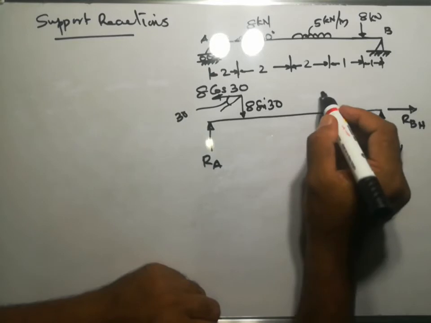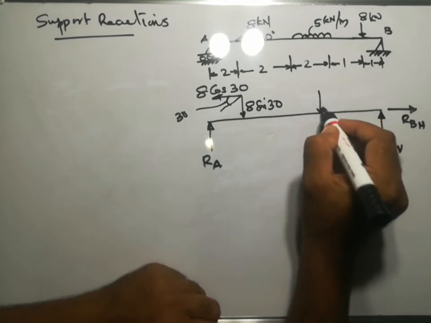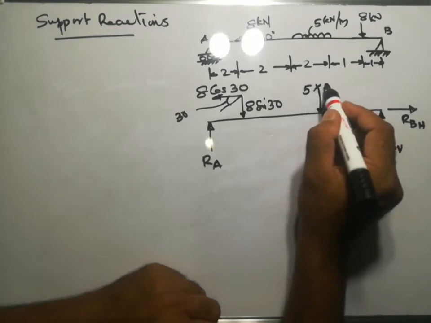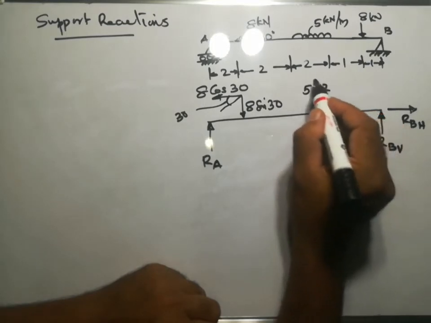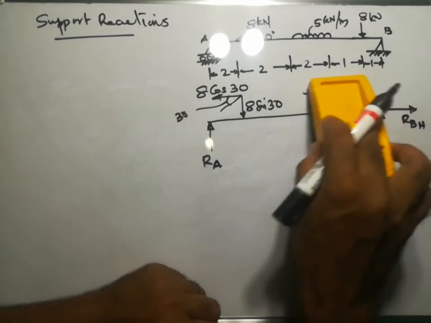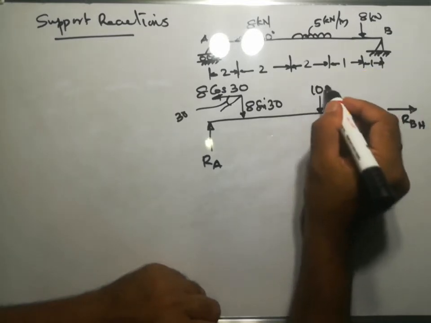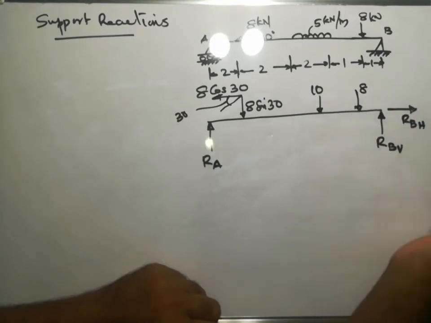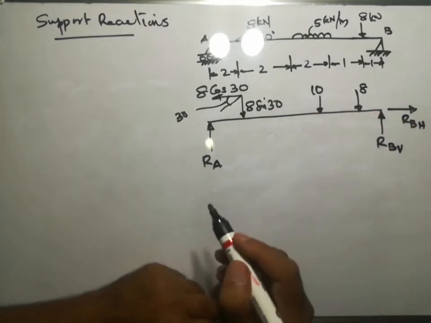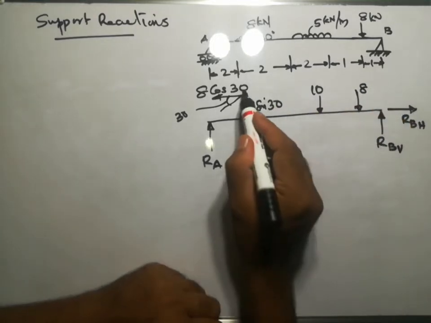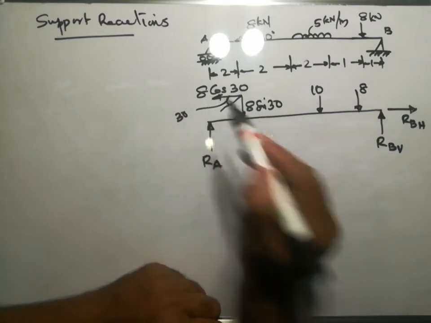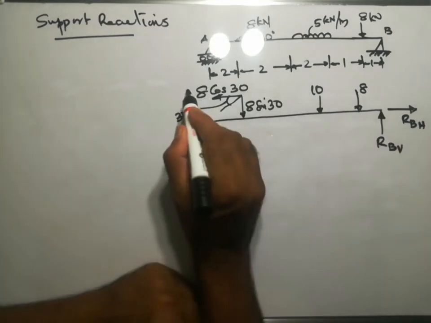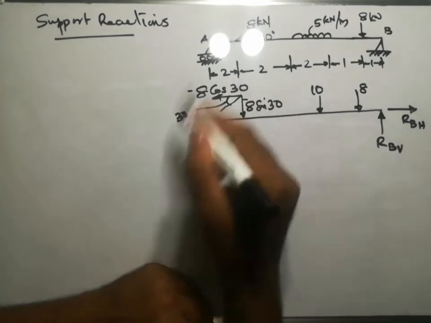And the UDL is converted into point load as the intensity into length, that is 5 into 2 equal to 10 kilonewton. Then this force of 8 kilonewton is there as such. So these are the forces acting on the beam with the inclined force resolved into vertical and horizontal components. This will be minus, and this will also be minus. We will put it in the equations.